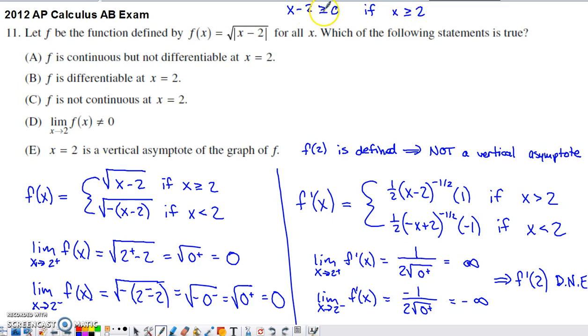Because if this is not greater than or equal to 0, it's less than 0, and the absolute values are going to take that quantity, x minus 2, and they're going to change it to a positive value. So the quantity is initially negative because it's less than 0. The absolute values change that negative to a positive.